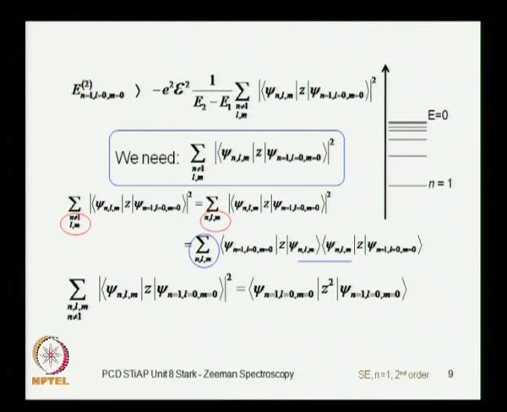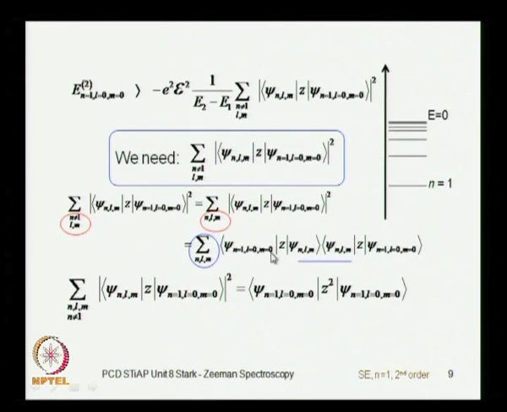And that is possible because we have included the n equal to 1 state. So we recognize the resolution of unity, and we find that what we are looking at is essentially the matrix element, not the product of the matrix elements of Z, but actually the matrix element of Z square. So there is a Z to the power 1 here and a Z to the power 1 here. So that gives you Z square.